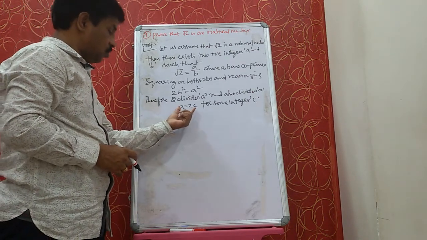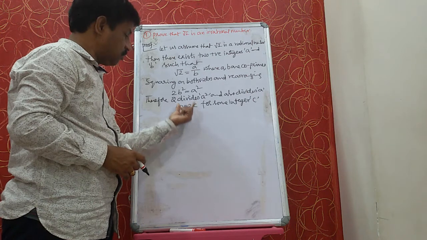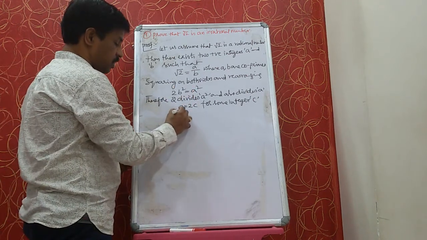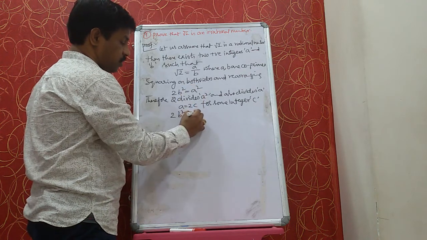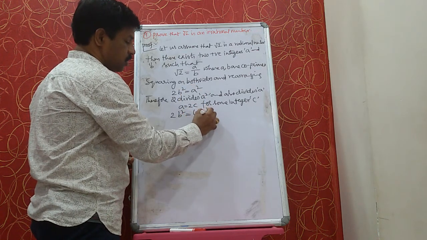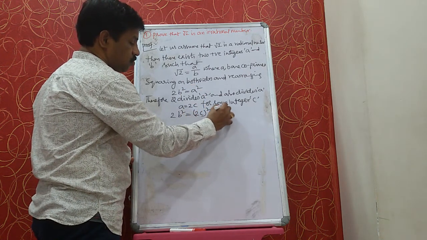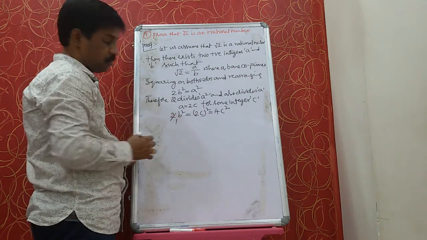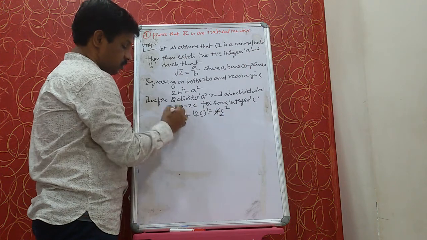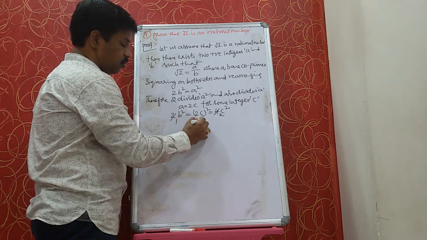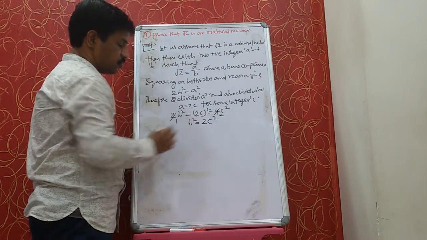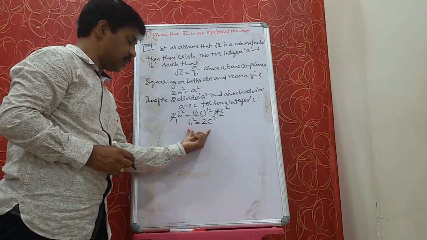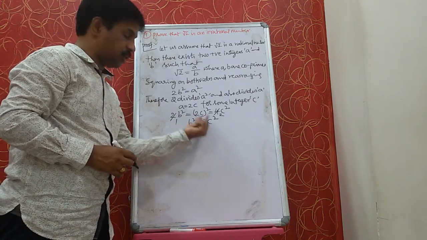Now we will write a equal to 2c in the above equation. We will get 2b square equal to a square, which means 2c whole square, that equals 4c square. One 2 cancels from each side, so b square equal to 2c square. Now 2 into something gives you b square.